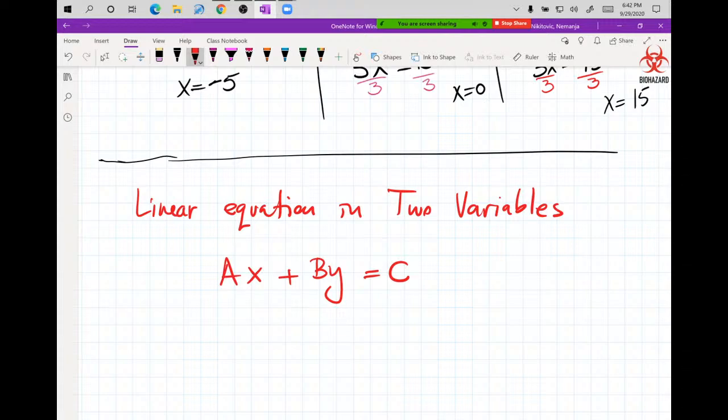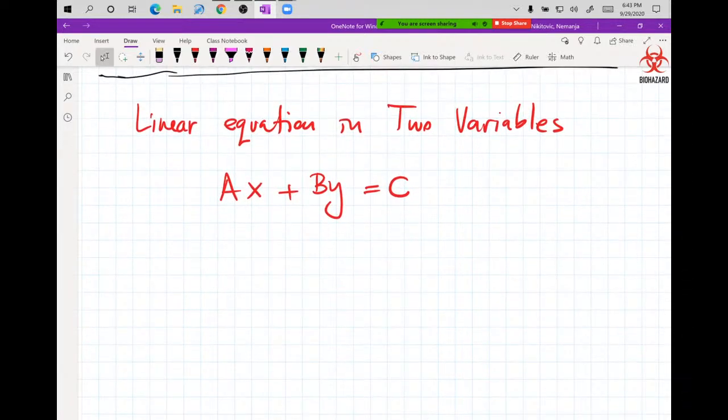So we try to have a and b as whole numbers, and you can have all of them, a, b, and c, as whole numbers. So even if you have fractions, you can use that trick I taught you earlier in the course, when you get rid of all fractions by multiplying the common denominator on both sides of the equation.